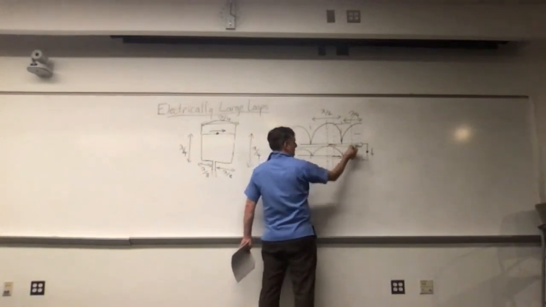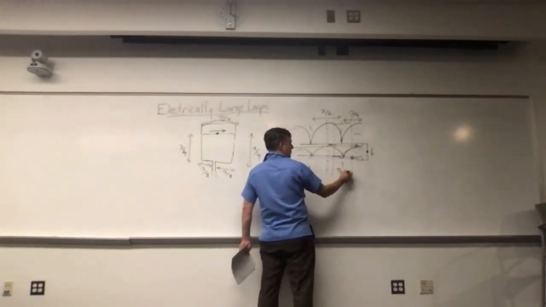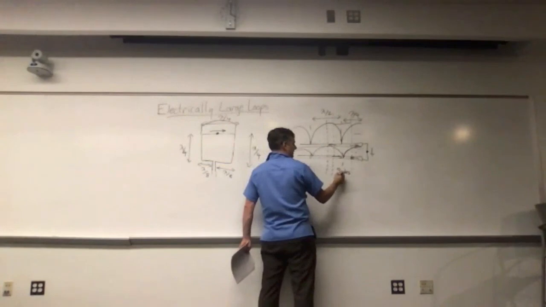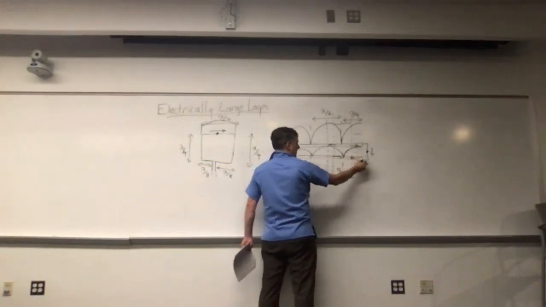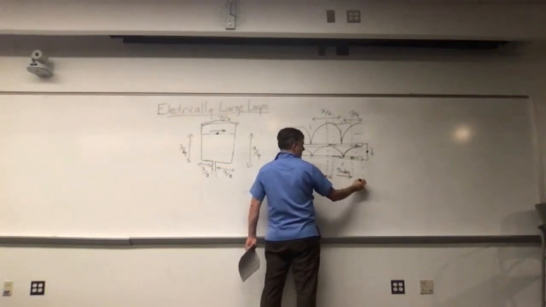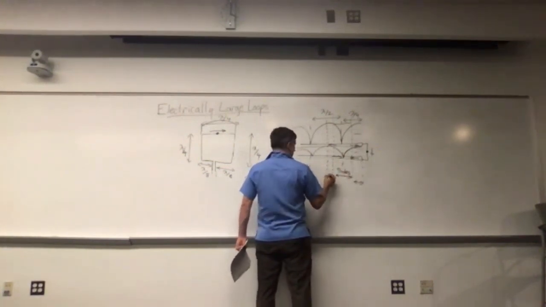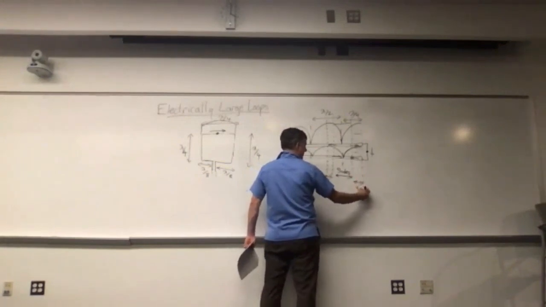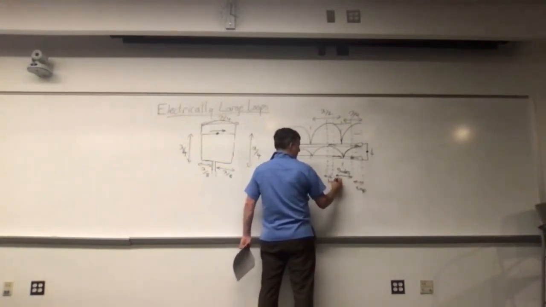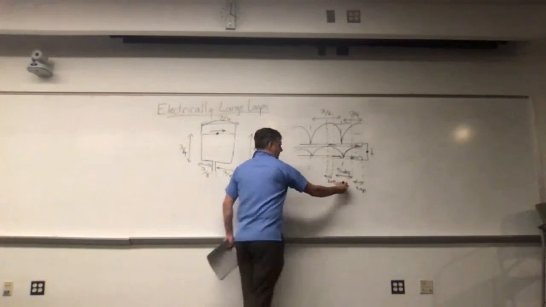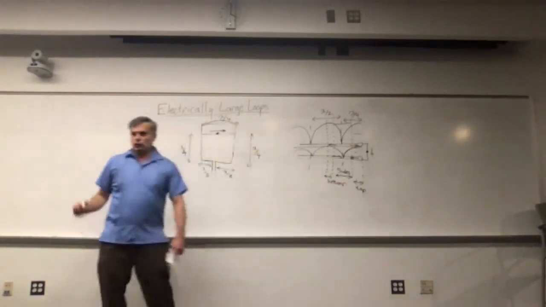So what I've drawn between these two here are the sides, and here, the top and the bottom of the loop.